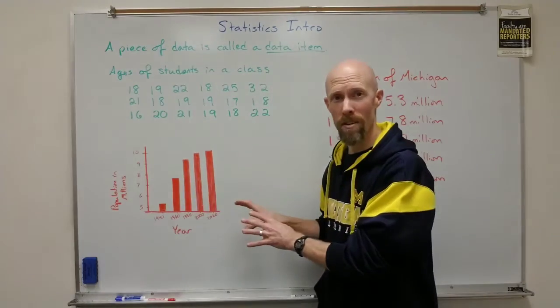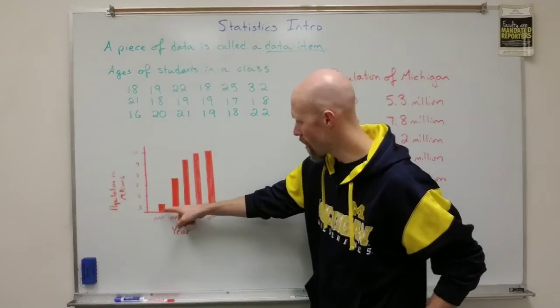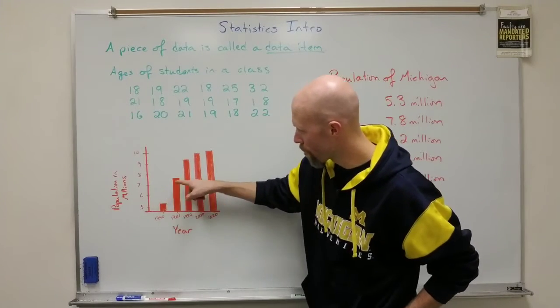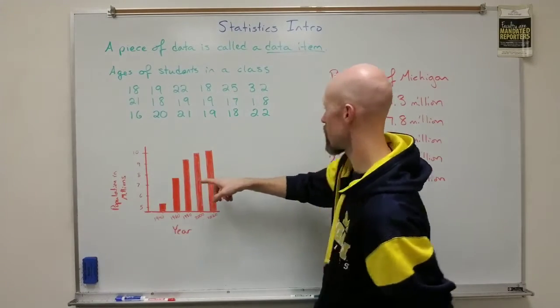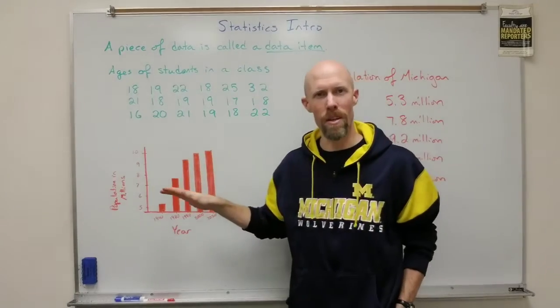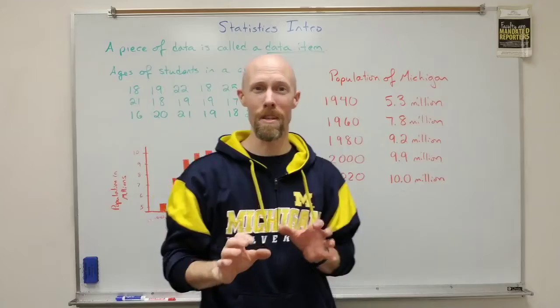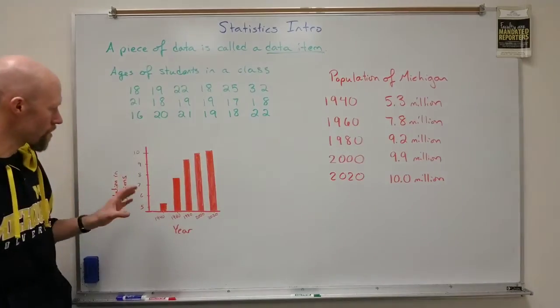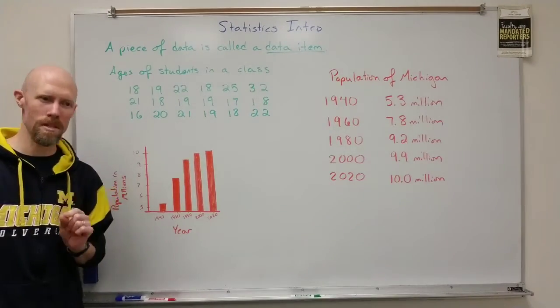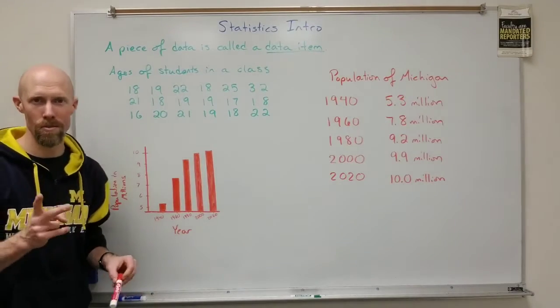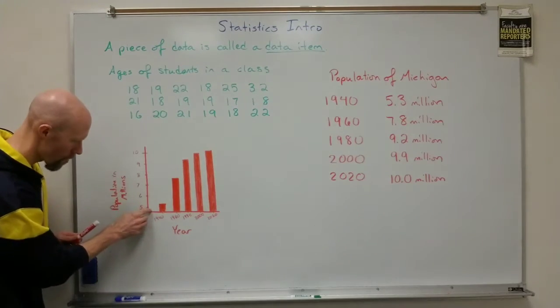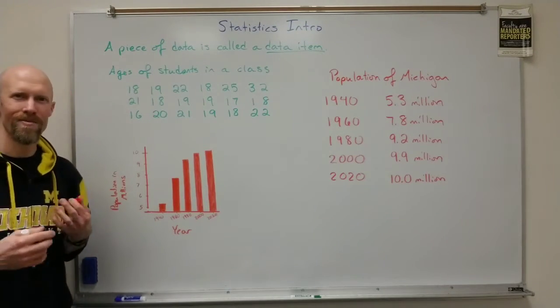This is accurate. There's nothing inaccurate about this. I do have a bar that goes up to 5.3 on the chart and 7 point, whatever it is, 8, and roughly. I mean, this isn't perfect because I didn't use a ruler and graph paper and stuff, but it's close. And so this isn't completely inaccurate, but what's really missing here, well, there's two things you could do. One thing is I could have put a break in the graph.